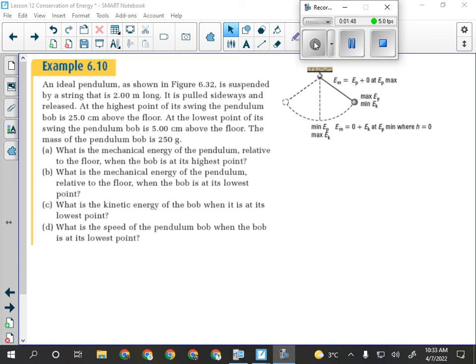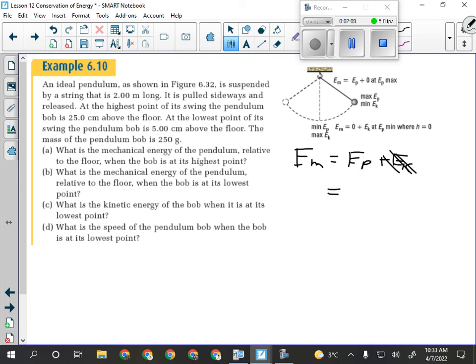So what's the mechanical energy of the pendulum relative to the floor when the bob is at its highest point? At its highest point, it only has what kind of energy? It only has potential. All right, so we can calculate its mechanical energy. That's EP plus EK, but we just established that EK is 0. So to calculate its mechanical energy at that point is simply m times g times h.